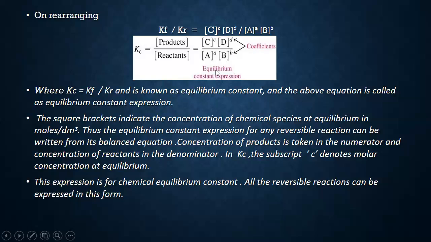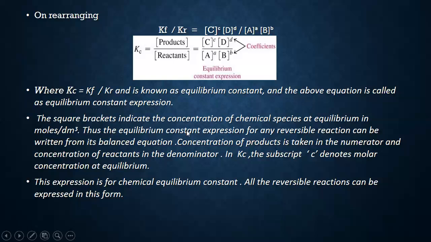This equation is called the equilibrium constant expression. Here Kc is equal to Kf over Kr and is known as the equilibrium constant, and the above equation is called the equilibrium constant expression. The square brackets indicate the concentration of chemical species at equilibrium in moles per dm cube.